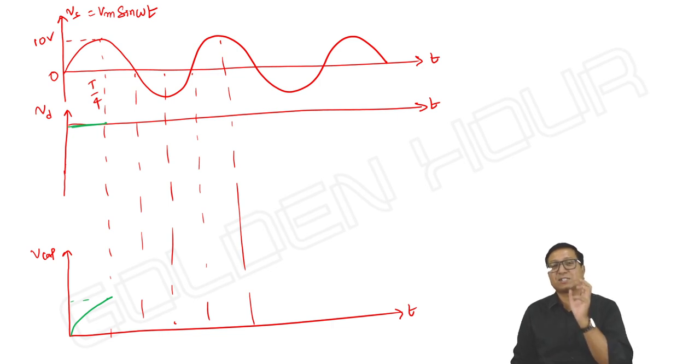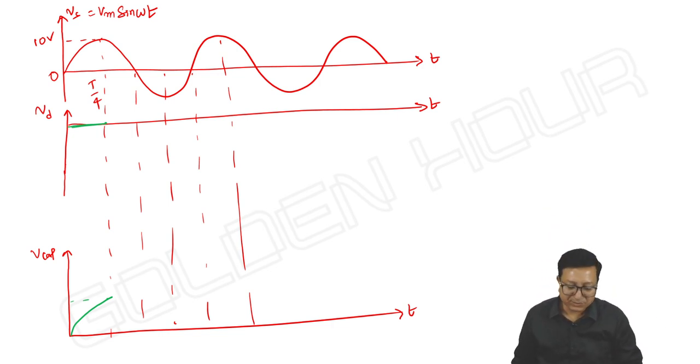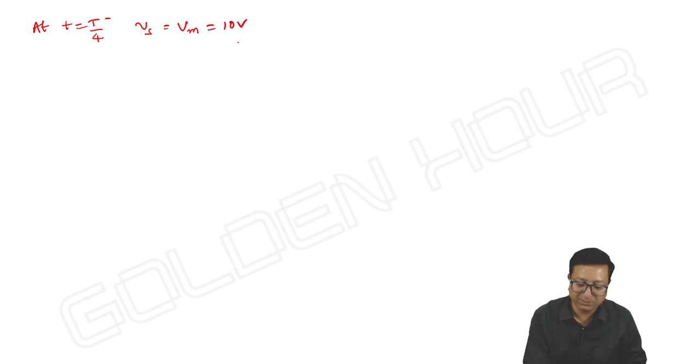First the input rises, next the capacitor tries to capture the input. It follows the input. Then at T is equal to T by 4, Vs reaches its peak amplitude, in this example some 10 volts.